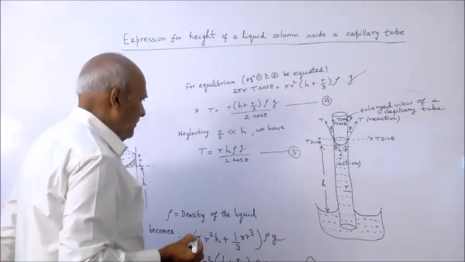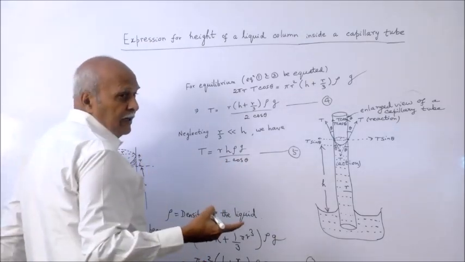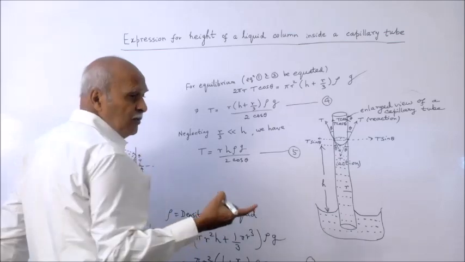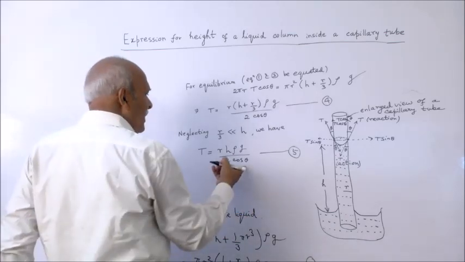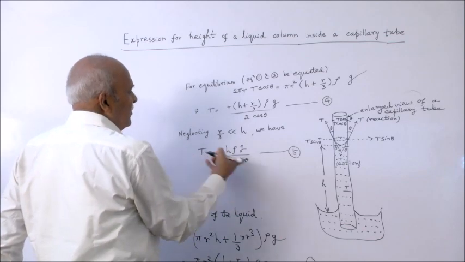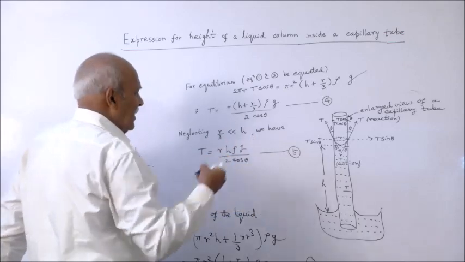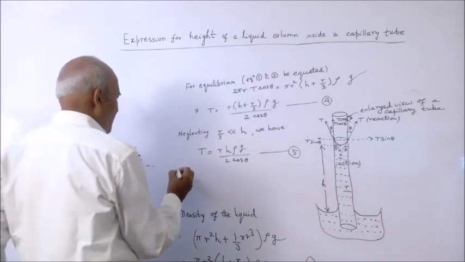This is equation 5. For liquids like mercury in contact with glass, theta is obtuse. So, when that is inserted, but T is positive, to make it that, h must be negative, that means the level goes down.